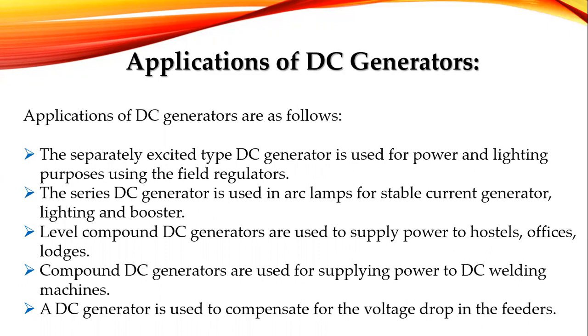Level compound DC generators are used to supply power to hostels, offices, and lodges. Compound DC generators are used for supplying power to DC welding machines. A DC generator is used to compensate for the voltage drop in the feeders.